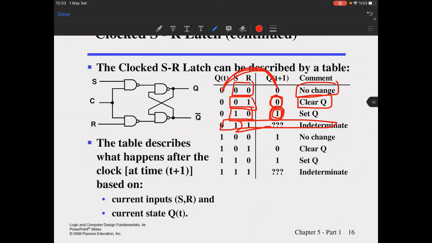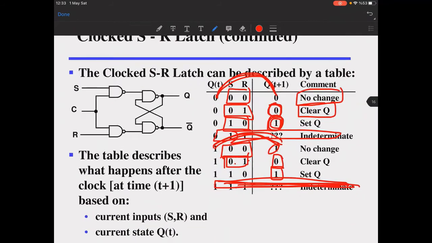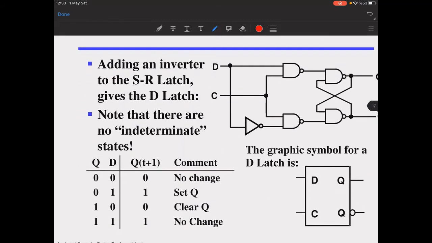And if you have 0 0 here, no change, and if you have 0 and 1 here, it means that you're resetting the circuit. It's clear again, setting again, no matter what you have here. But this is remembering, and this one is the forbidden pattern again. Okay, that's it about the clocked set reset latch.